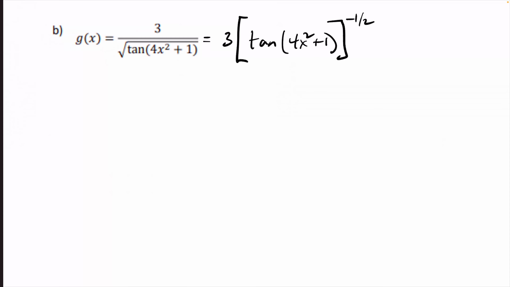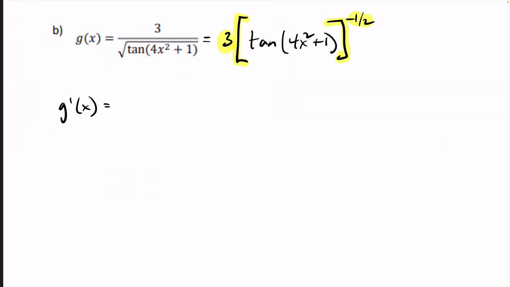Okay, so using our color coding of what we did on the layers, what was the first layer for this guy? There you go. So 3 times something to the negative 1/2 power.